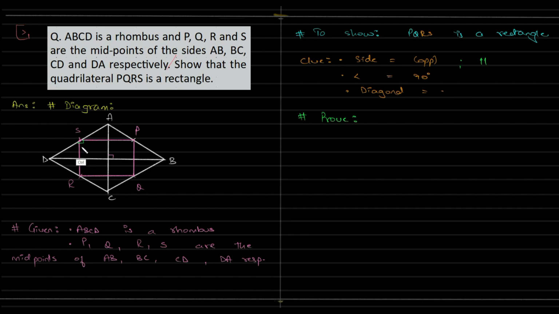Okay, so let's talk about this. Consider triangle ADB, as S and P are midpoints of AD and AB.